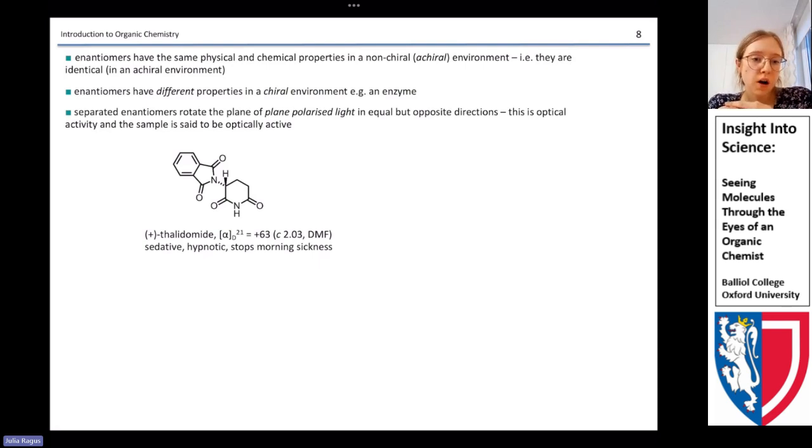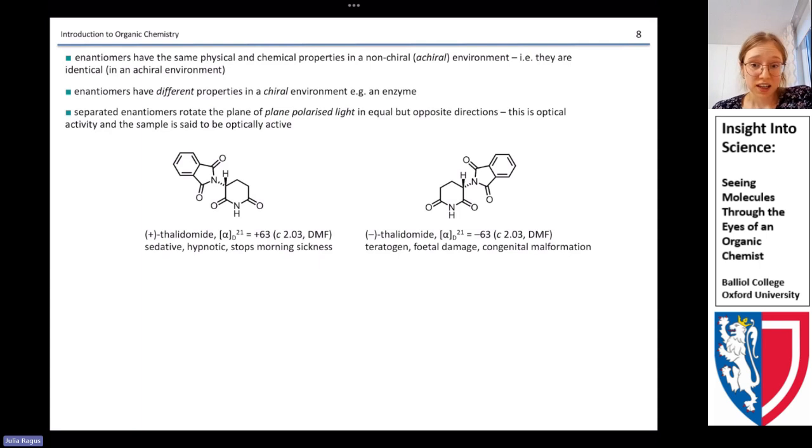There is an example of plus thalidomide, which was used to stop morning sickness, and it was introduced to the U.S. market in the 1950s. However, it was introduced as a mixture of enantiomers. And the other enantiomer can cause fetal damage.